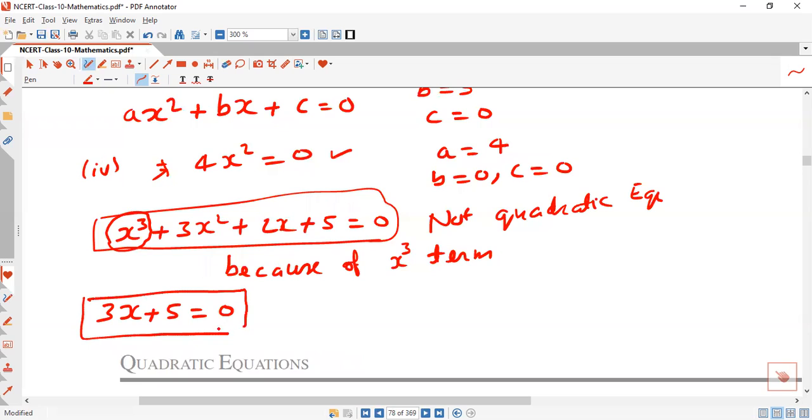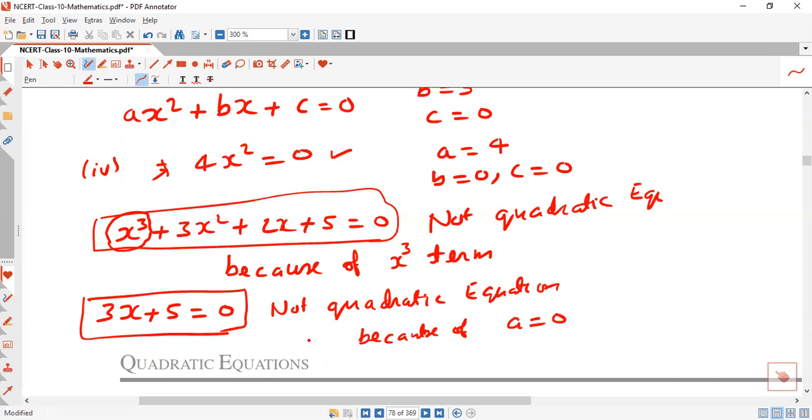This equation is also not a quadratic equation, because a equals 0 here. You see that the x square term is not present, and the coefficient of x square is 0. That's why it is not a quadratic equation.